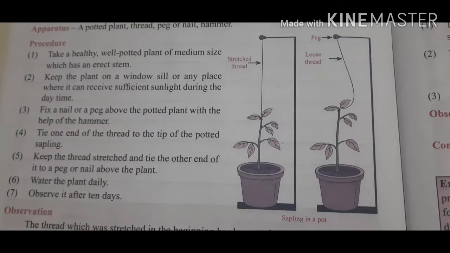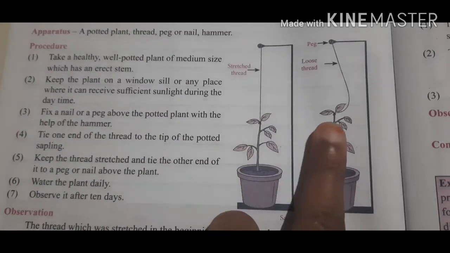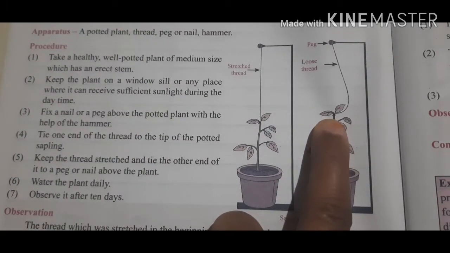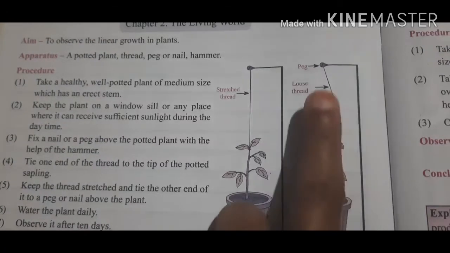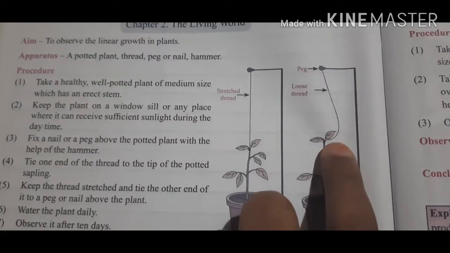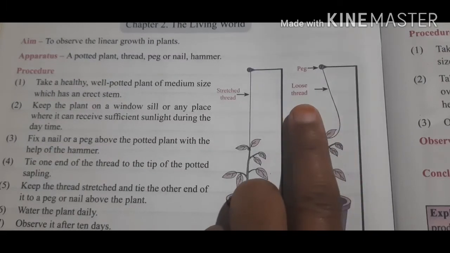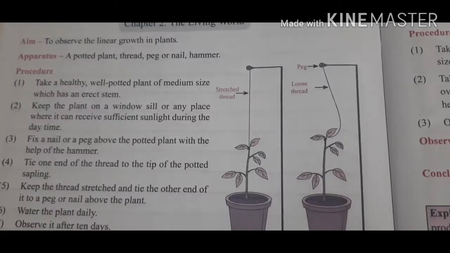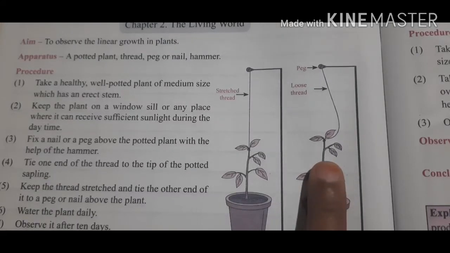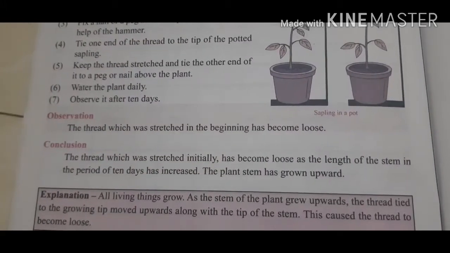Students, after 10 days you can see the plant has grown and the thread which was tightened, which was stressed, is now in a loose condition. It shows that growth has taken place in the plant. Okay, now what's the observation?